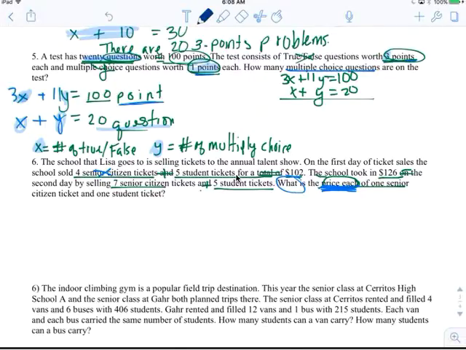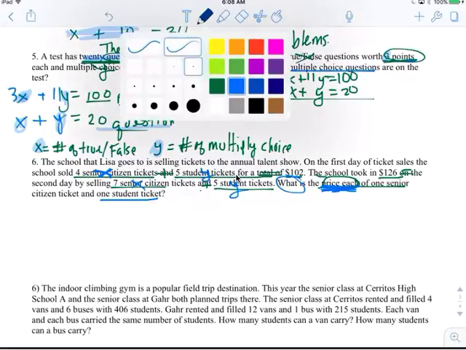It's really important. So these represent the price of senior tickets and the price of one student ticket. They're different, so you need to give them different variables. Okay. 7x, 7y. This is an easy one.